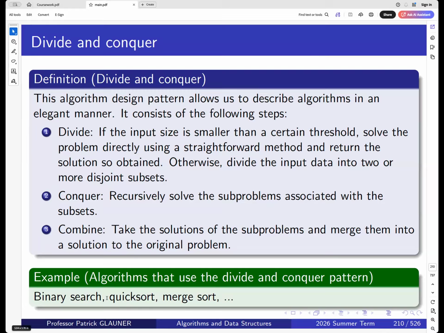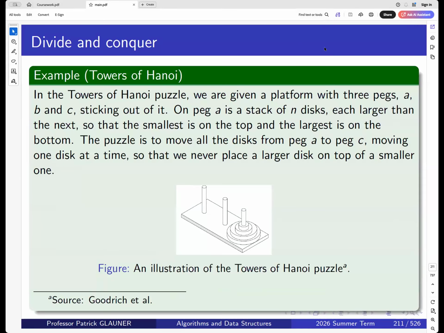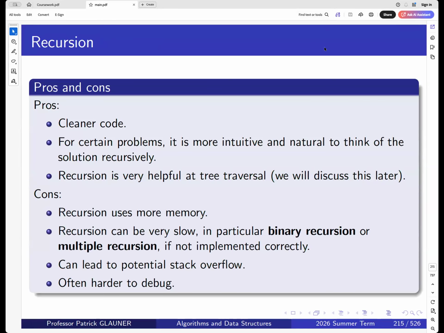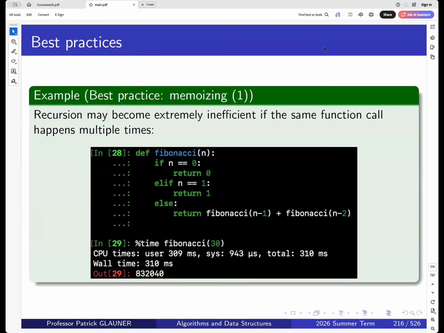Today we'll finish recursion, and we will also express quicksort and merge sort, which we're discussing later today, in terms of divide and conquer. We saw the towers of Hanoi as a toy example for divide and conquer, and we see that if we express this in terms of divide and conquer and use recursion, it's just a few lines of code. We saw the pros and cons of recursion.